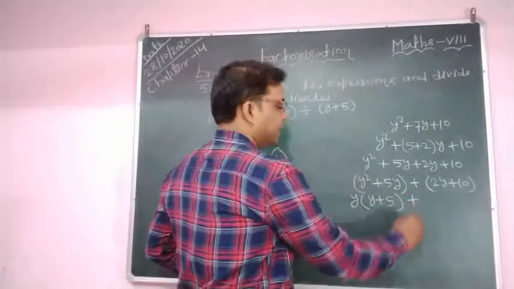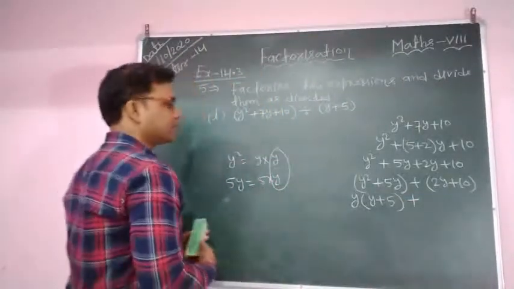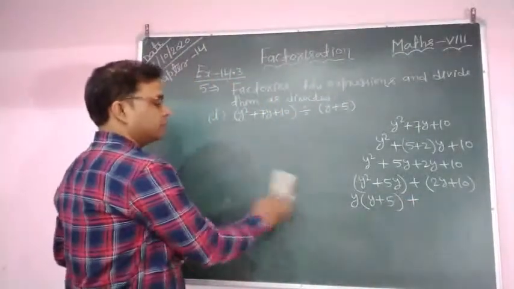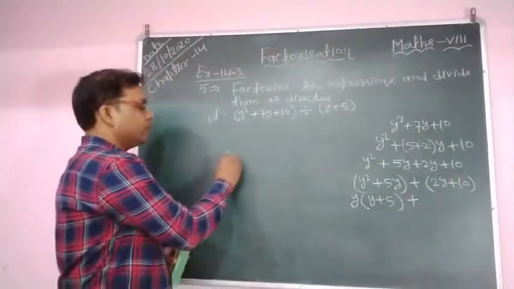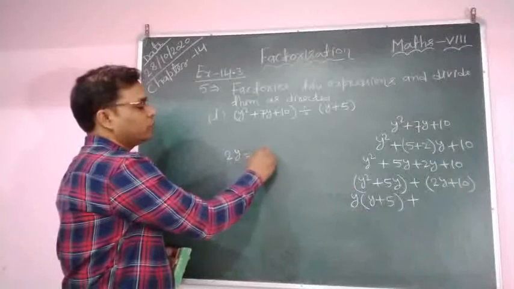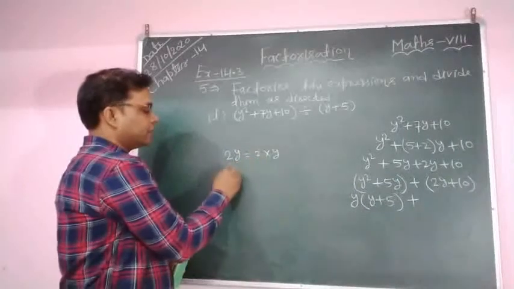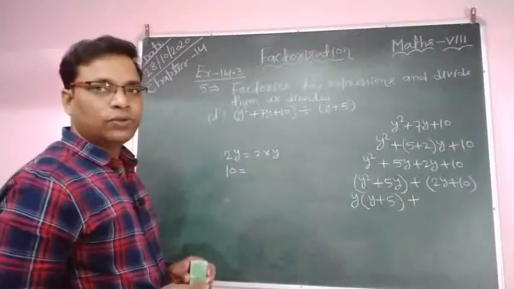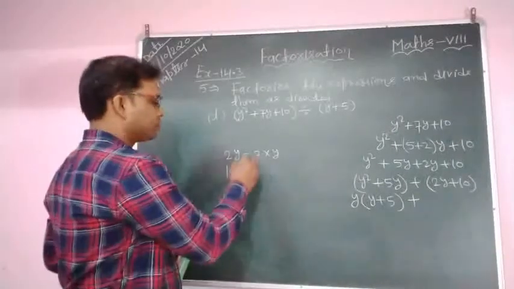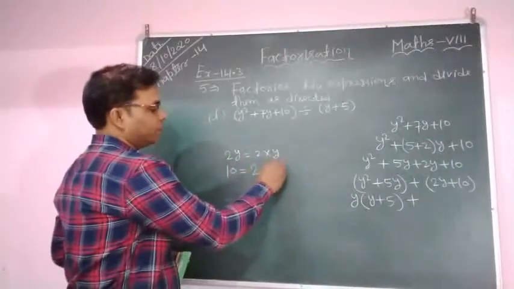Now in the second bracket you can see 2y plus 10. So what is common between them? You can write 2y is equal to 2 into y, and 10 is equal to 2 into 5. Clear?